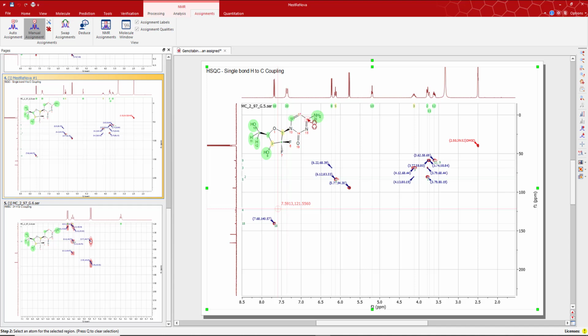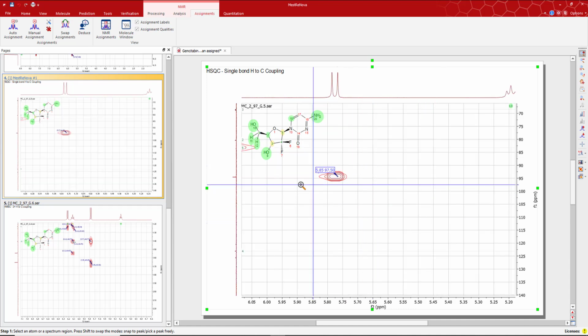I still would have to assign carbons 16 and 14, but there are no protons on those carbons. So the only proton signal I have left to assign is number 17, and if we look, ignoring water and DMSO, I only have 1 actual proton signal left. It's a doublet. It's not been assigned yet. So I know just by process of elimination for sure that that is proton and carbon number 17.